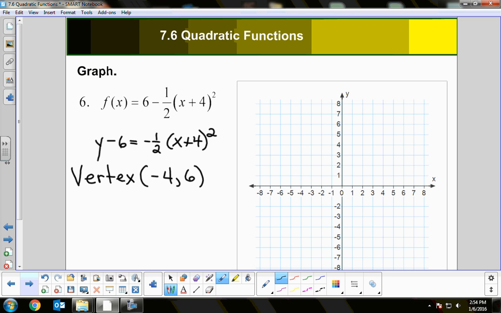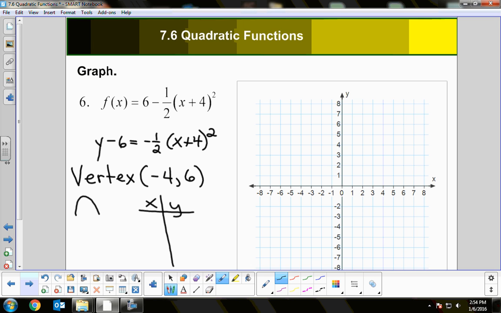And I know that since a is -1/2, the parabola is going to be opening down, shaped like that. So now I just want to graph this in exactly the same way that I have graphed it in 7.5.